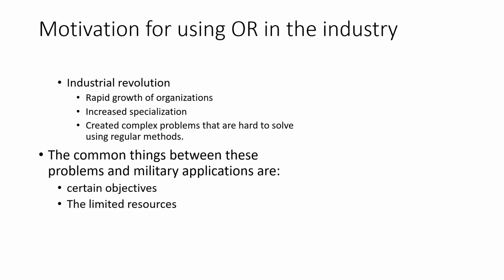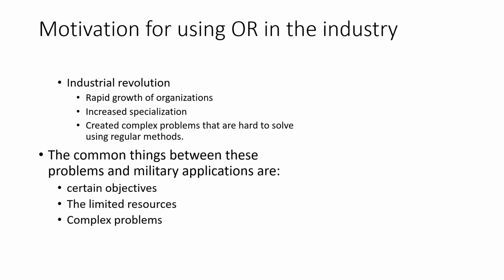Companies do not have access to unlimited resources. They have a limited number of employees, a limited amount of money, a limited amount of time. So it's the same thing. We have certain objectives and limited resources. We want to utilize these resources efficiently to solve complex problems and to fulfill certain objectives.